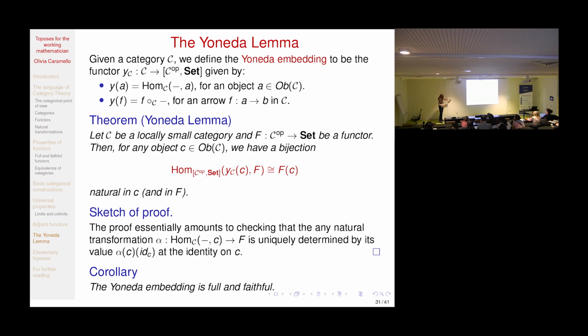I can regard this element as an arrow f from D to C with respect to which I can formulate a naturality condition. So I can write this naturality square, where here it's in connection with the object D, and here it will be in connection with the object C. So here I will have alpha of C, and here F(C).